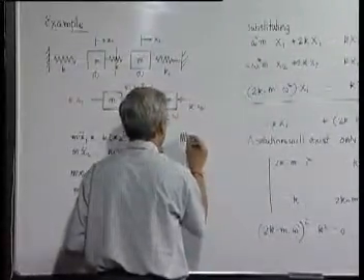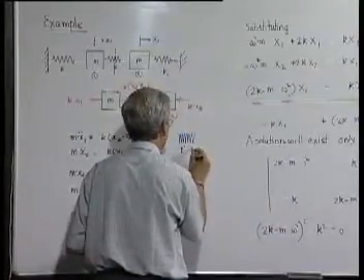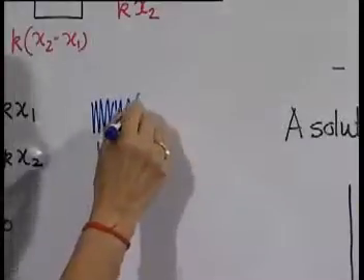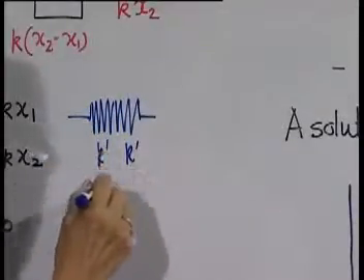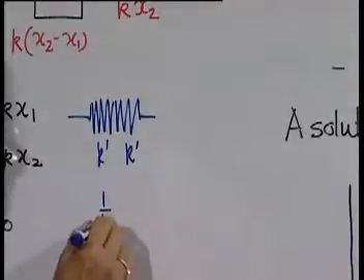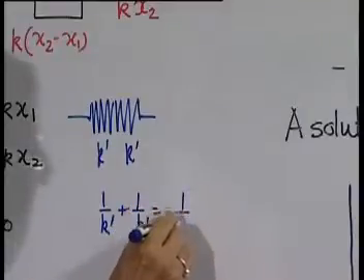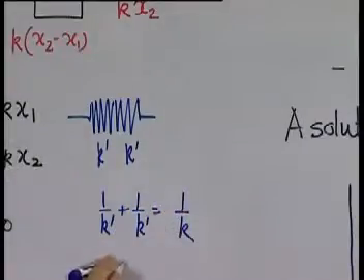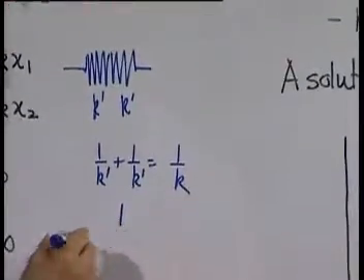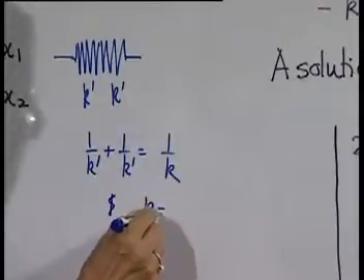So it becomes again two systems with this mass, one spring of stiffness k, and this half of the spring, whose stiffness is obviously double, because if we make the length of a spring half, then its stiffness is twice, because two halves of spring, if this is k prime and this is k prime, together in series they should give us k.